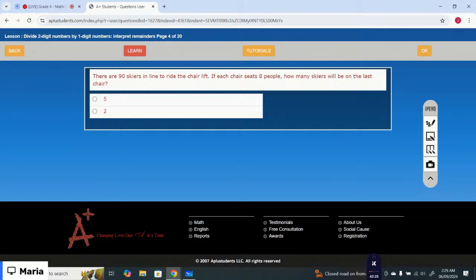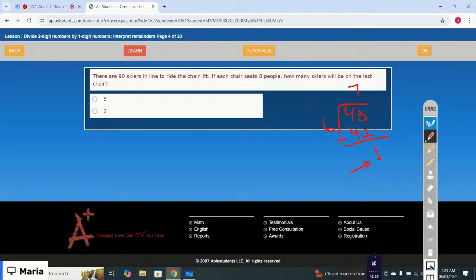The correct option is 2. Just divide 90 by 8, right? You will have the remainder too. Just look at the board. You have 90 divided by 8. 8 times 1 is 8. 9 take away 8 is 1. Bring 0 down. 8 times 1 is 8. You have still 2 left.